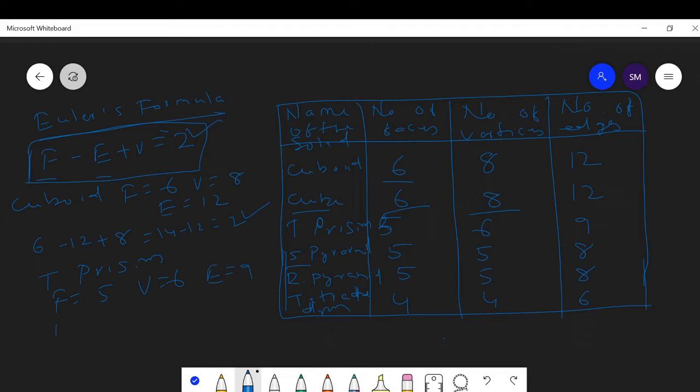Euler's formula says F minus E plus V, which means 5 minus 9 plus 6, equal to 11 minus 9. Yes, this is 2. This satisfies Euler's formula. Next, check for the square pyramid.